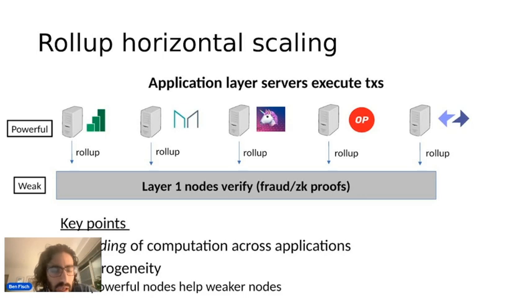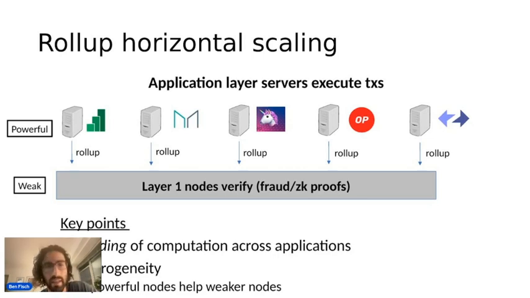The other key thing about why rollups actually help scale blockchains is they leverage heterogeneity. Rollups wouldn't help as much if all nodes in the system were of equal computational power.